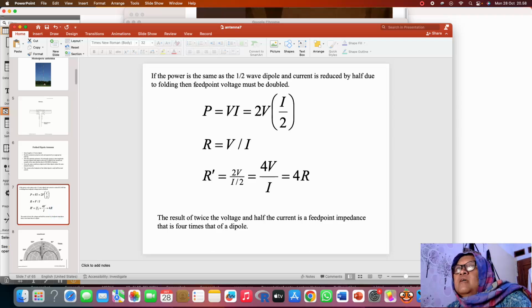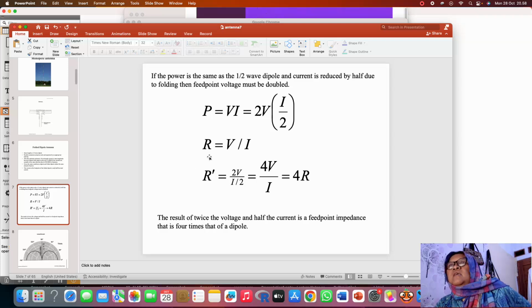If the power is the same as the half-wave dipole and the current is reduced by half due to folding, then the feed point voltage must be double. Power is the same, with voltage multiplied by current equal to 2 volts times 1/2.